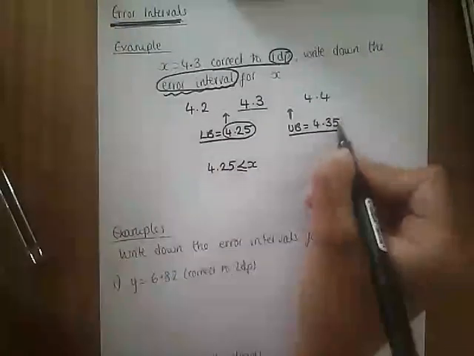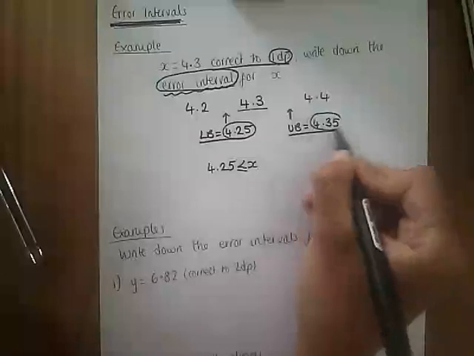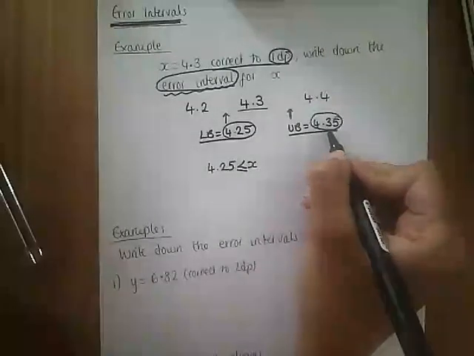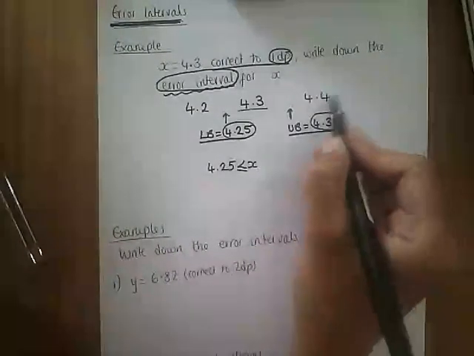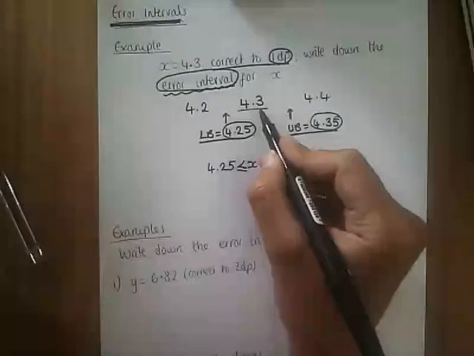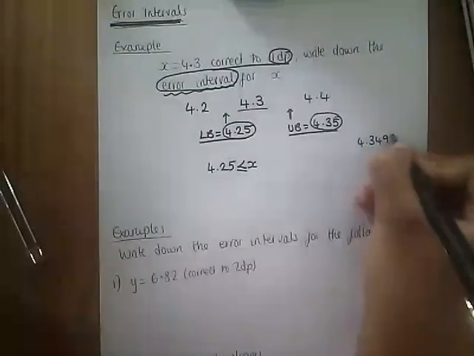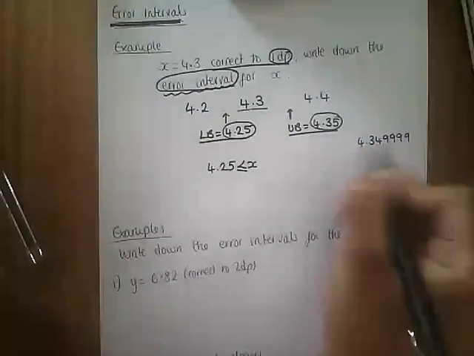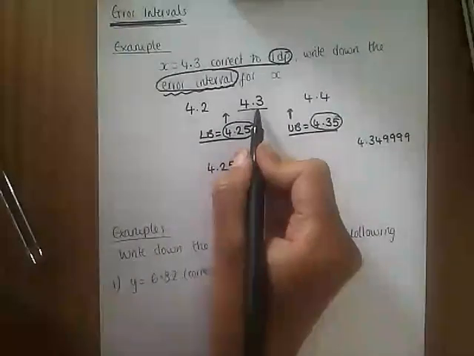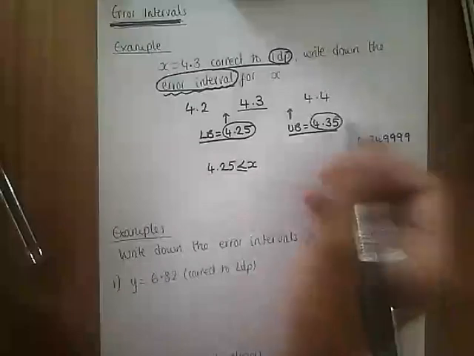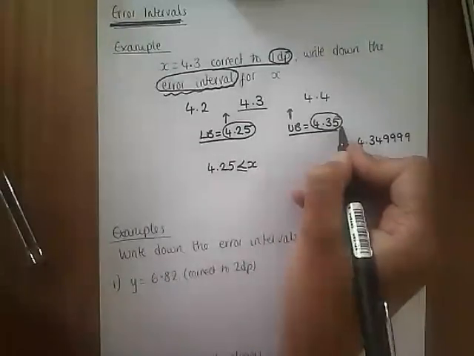Now, this is our upper bound, 4.35, but hopefully you realise that if you rounded 4.35 to 1 decimal place, it would be 4.4, not 4.3. But if it was 4.34999999, that rounded to 1 decimal place would be 4.3. Okay, so in order to distinguish between the two, we leave it as 4.35 like I talked about in our last video.